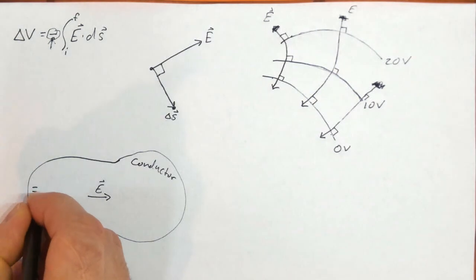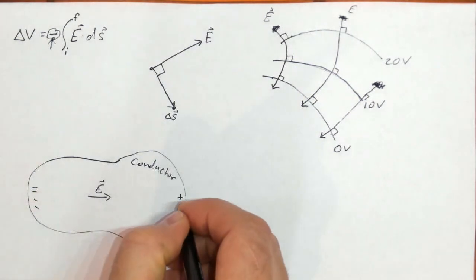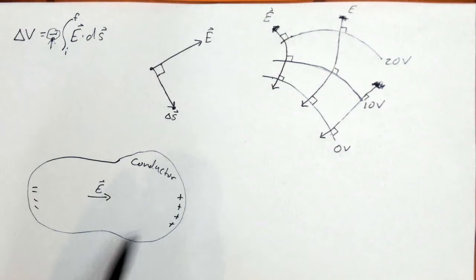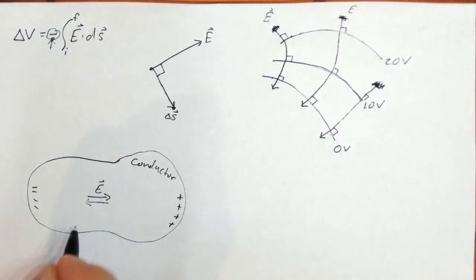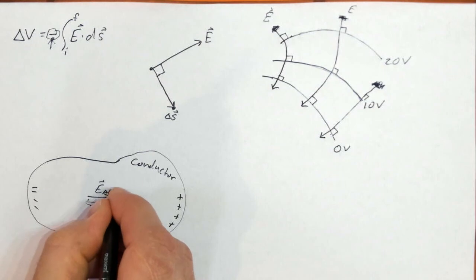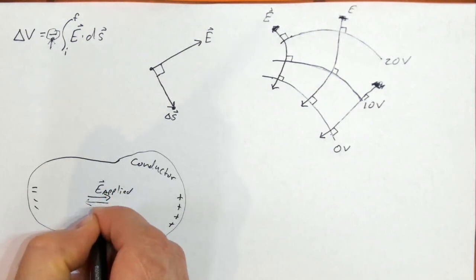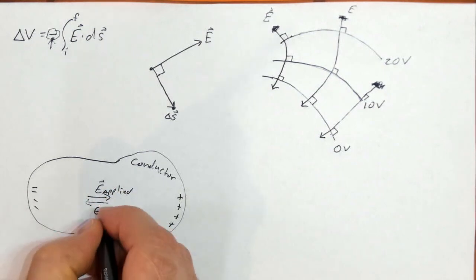A bunch of electrons might pile up here, leaving bare nuclei over here, and these create an electric field that grows until it cancels that out. So this would be E applied, and this would be E induced.